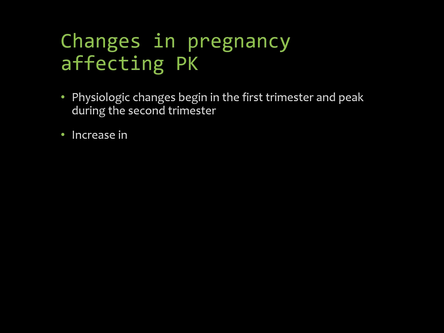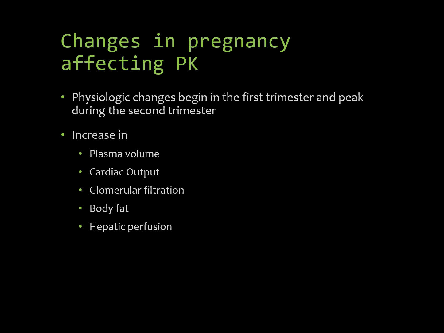Let's see the major changes which can affect the kinetics. For example, increase in plasma volume, increase in cardiac output, increase in glomerular filtration, increase in body fat, increase in hepatic perfusion, increase in estrogen and progesterone. All these things, if you analyze them properly, will affect the various pharmacokinetic aspects of the drugs.